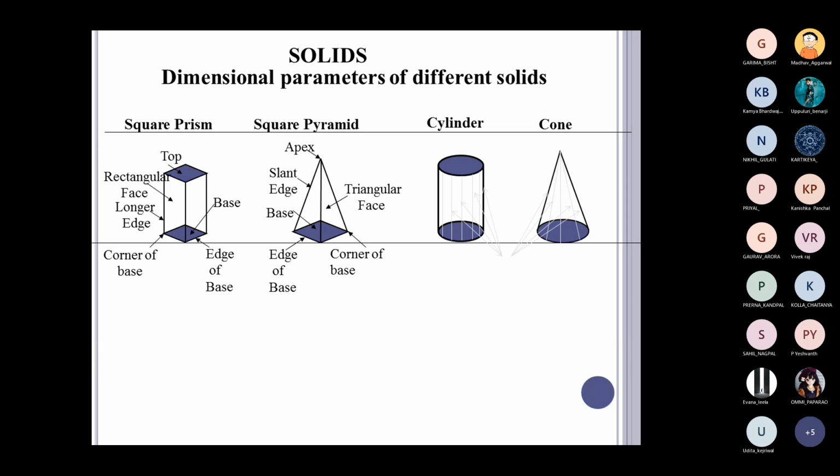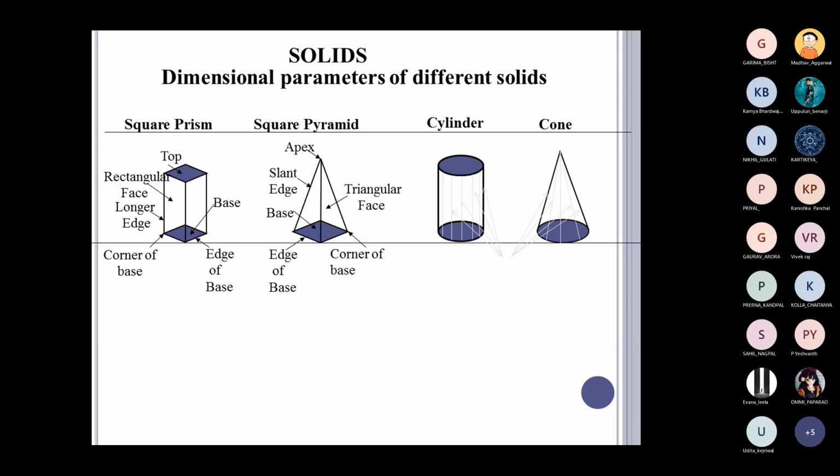Why is this necessary for studying projection of solids? Because we use these types of products in our daily life, such as a sweet box, a mobile box, or different steel components such as a tiffin. These products are made with sheet metal. So we need to buy material according to the shape of the component, and we have to calculate the amount of material required to manufacture that part.